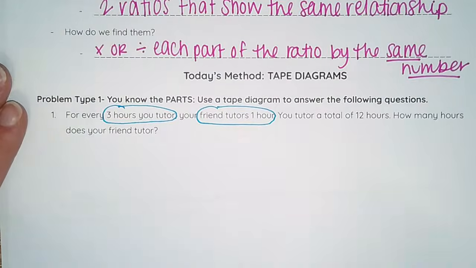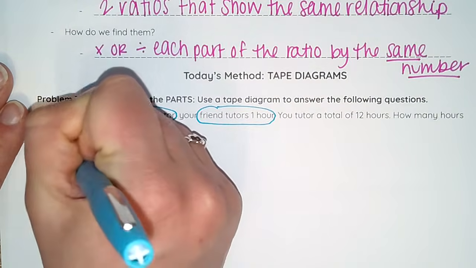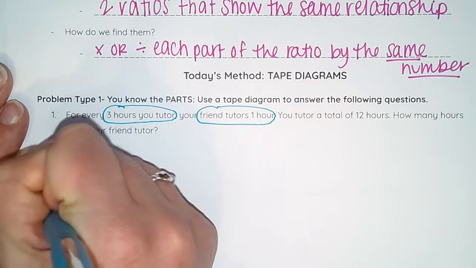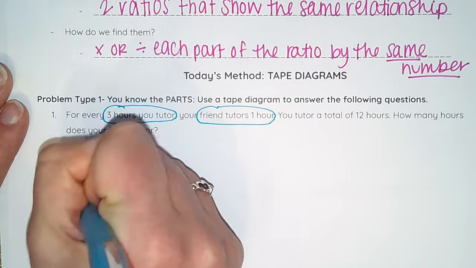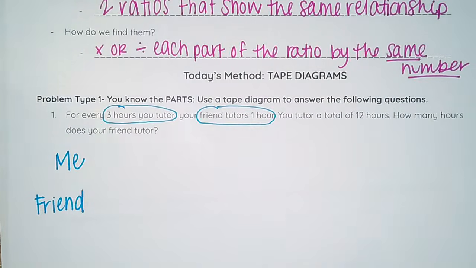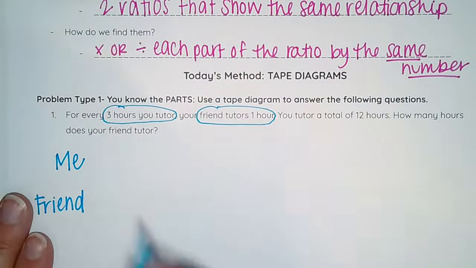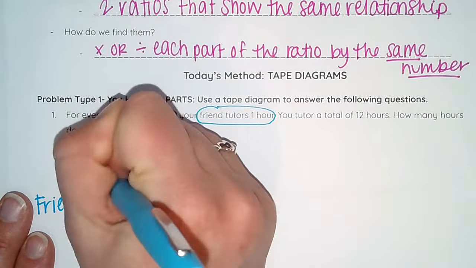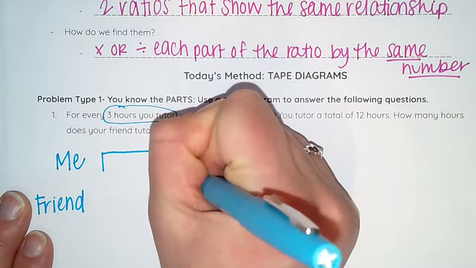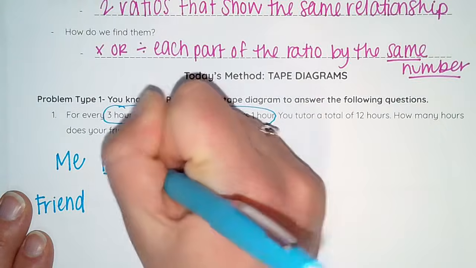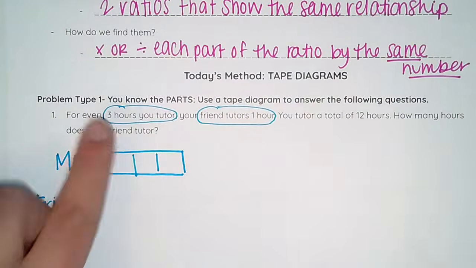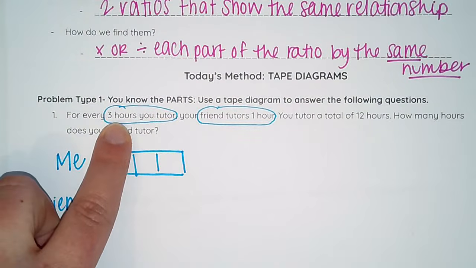Okay, so I'm going to write me and my friend off to the side like this. We're going to use a tape diagram, and a tape diagram looks like a bar, kind of like a piece of tape. I will have 3 sections in my tape diagram because I am tutoring 3 hours.